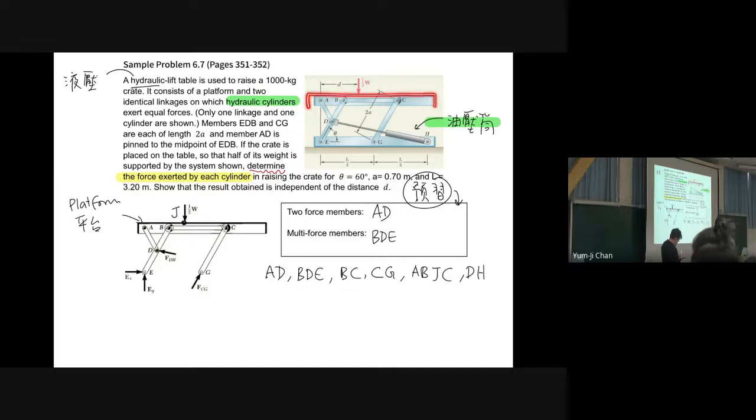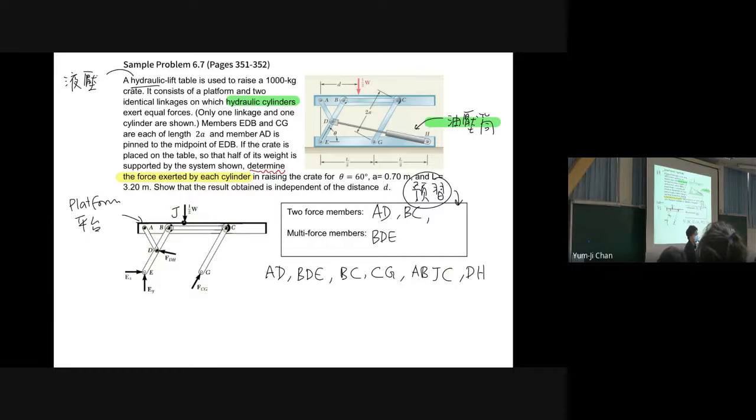This and BC are two different structures. BC and ABJC are different. So for member BC, this half W does not act on BC. All forces on BC act on either point B or point C. So it is a two force member.